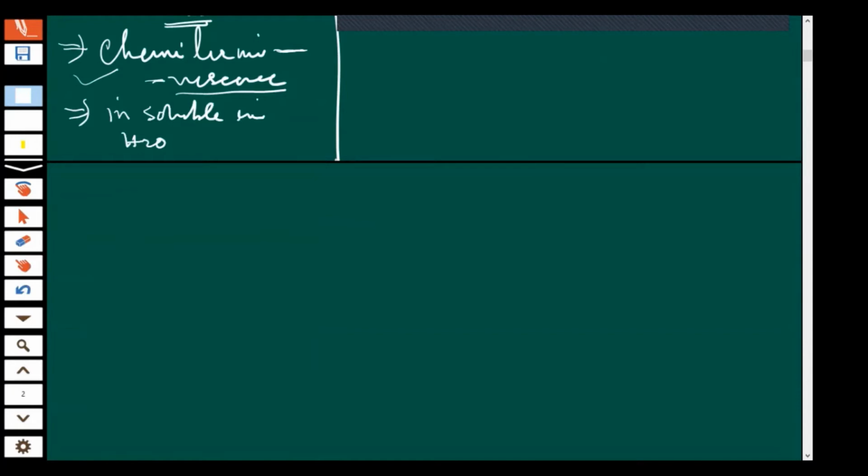Okay, insoluble in water. But I think little soluble in CS2, carbon disulfide. Let me see once again.